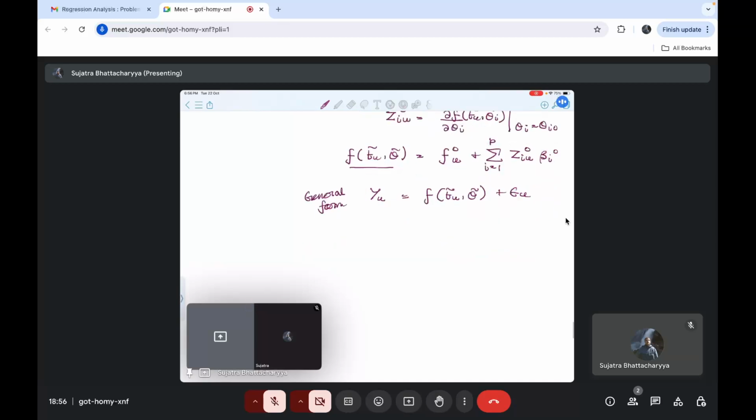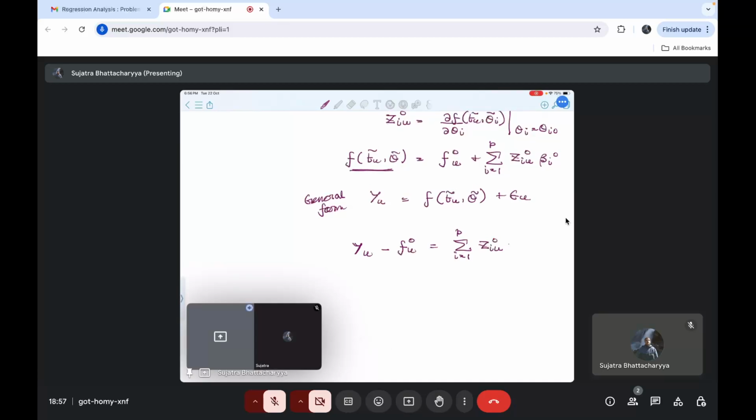So you can write y u minus f u of 0 equal to the summation, i going from 1 to p, of Z i u 0, absolutely fine, into beta i 0 plus epsilon.